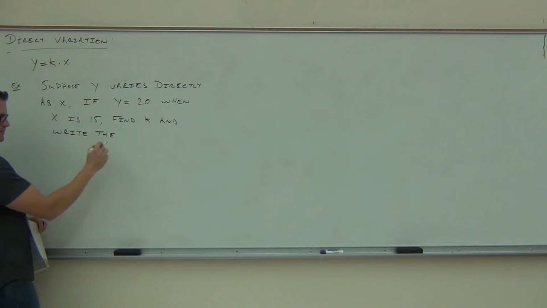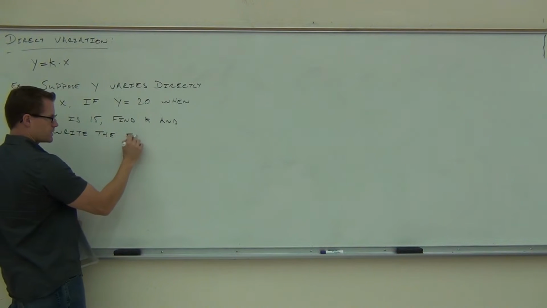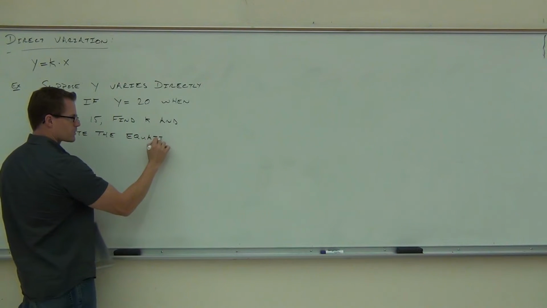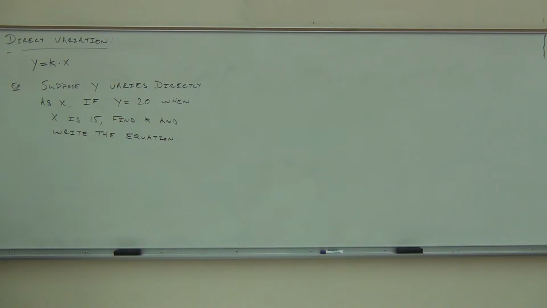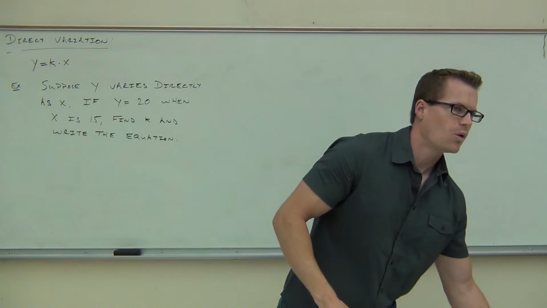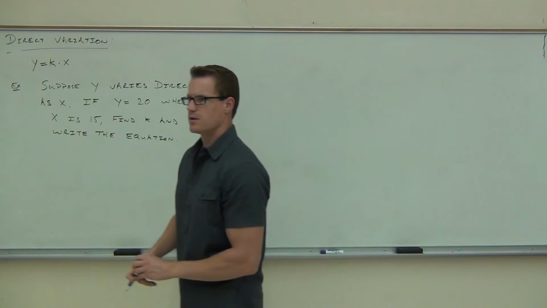So find k and write the direct variation equation. Hey, by the way, when we're looking at this thing, what is k? Constant. So once we find it, is it ever going to change for this particular problem? No. All right.